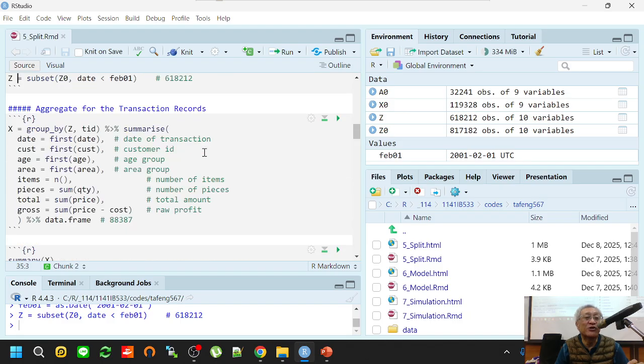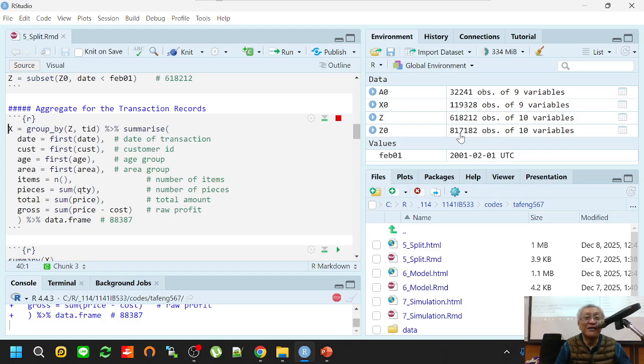And we want to do the aggregation. The code of aggregation is exactly the same as what we have done before, so I won't do more explanation here, right? First of all, we need to aggregate the items into transactions, okay? And this aggregation will take some time because it's pretty large.